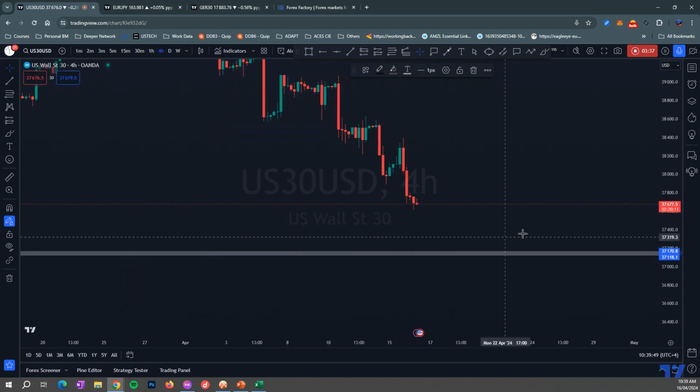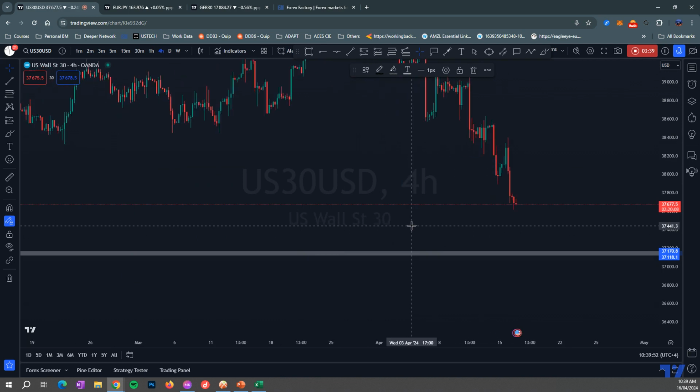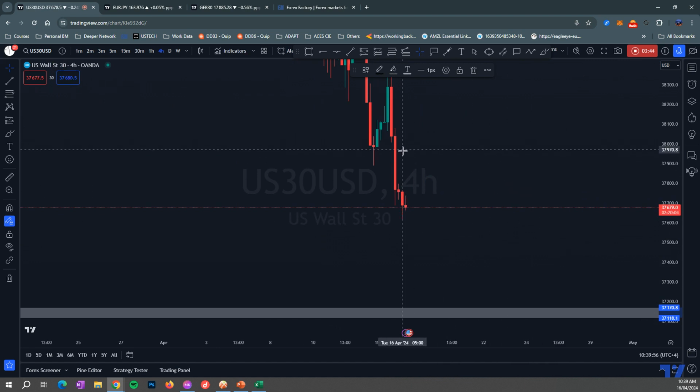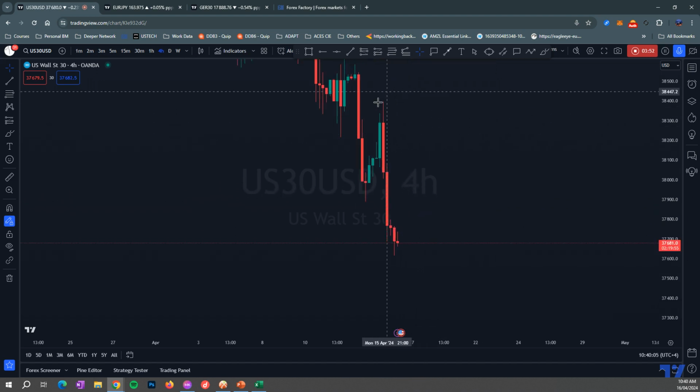Then looking at 4 hours, it looks bearish, and I can see this candle has been closing, creating lower highs consistently. This is a high, lower high, another lower high, and another lower high as well.